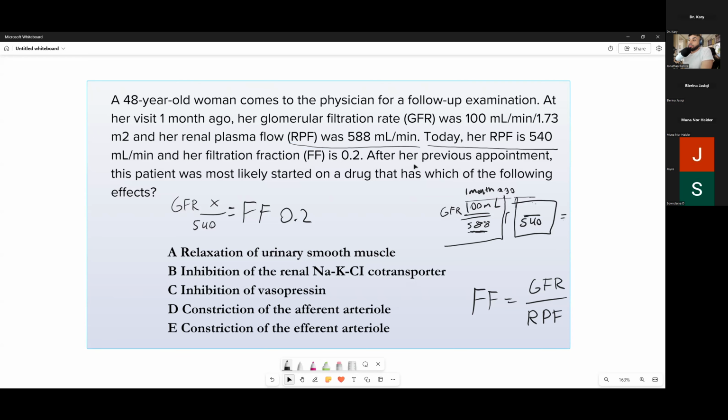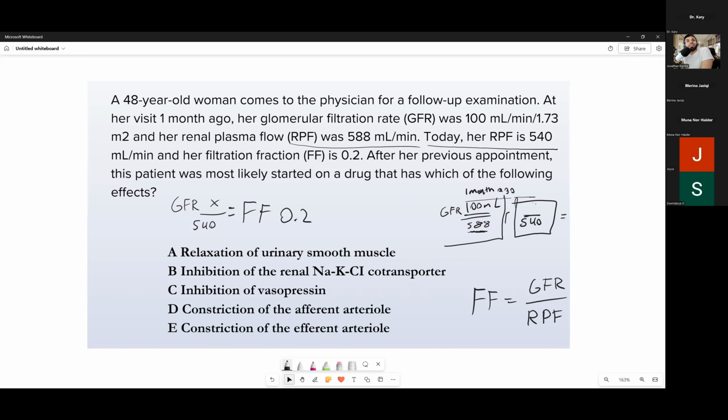It says here, after her previous appointment, this patient was most likely started on a drug that has which of the following effects? So she was started on a drug that has what effect?